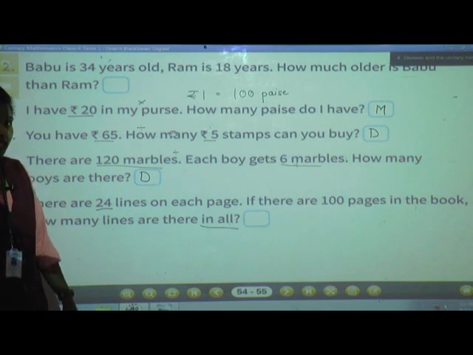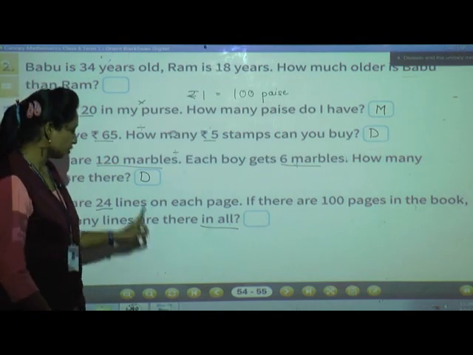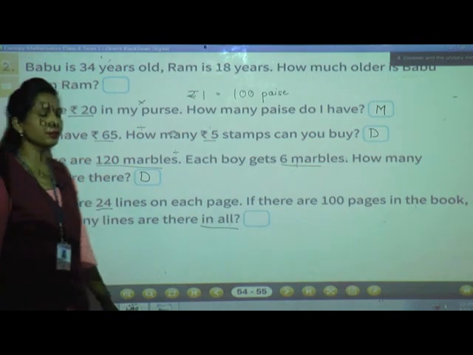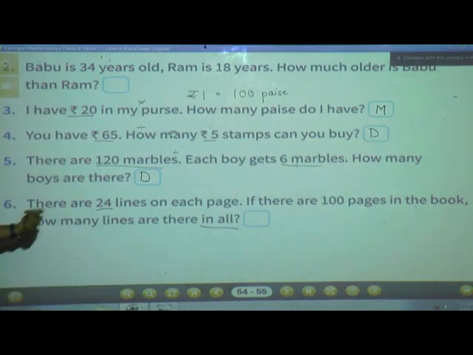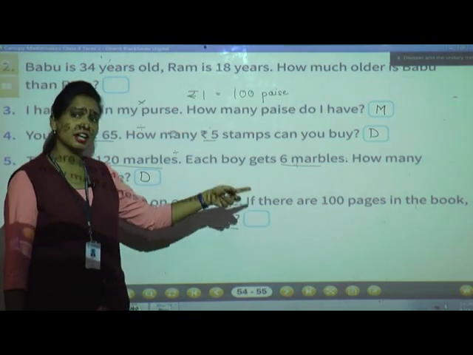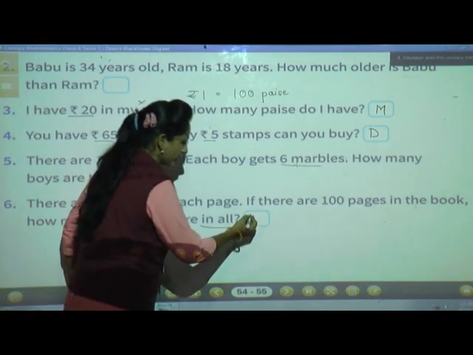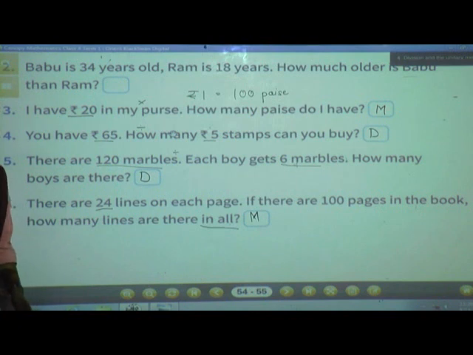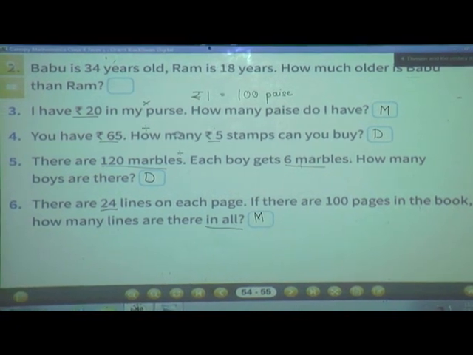Same number addition we can multiply easily, isn't it? So 24 multiplied by 100, if you do, we will get the number of lines in 100 pages. So here what will come? Multiplication. M. Understood? So today we have completed our exercise 4.7.